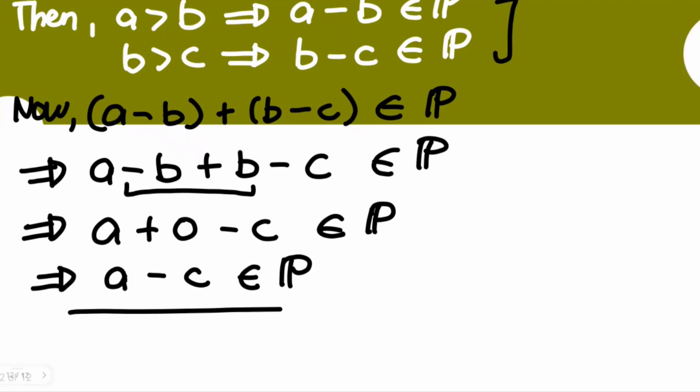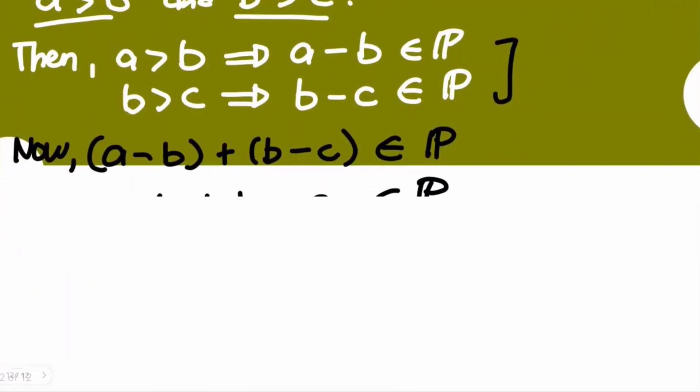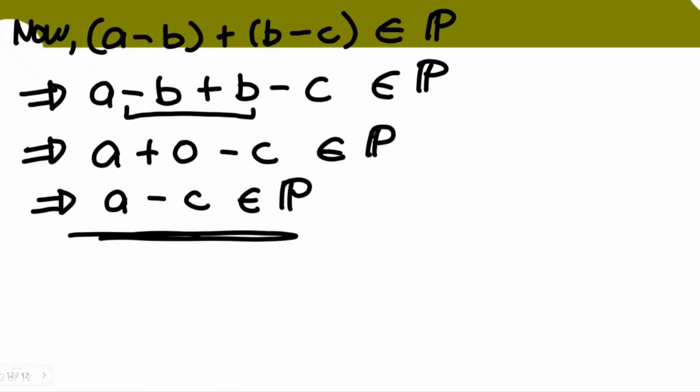And what is this actually? This is what we would like to show earlier, which is also equivalent to that. Because per definition, if the difference of A and C is an element of positive real numbers, or in short, if it's positive, then we can say that A is greater than C, because that is only true if A is greater than C to have A minus C still a positive real number.